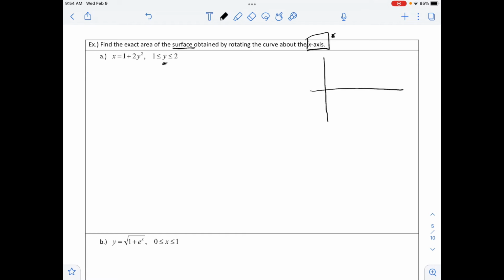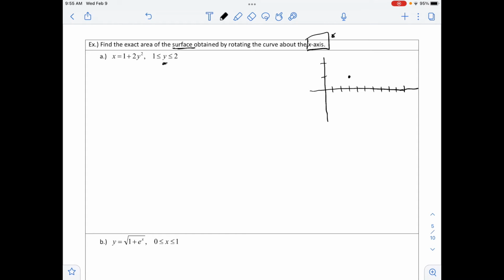But for this, the y values that we have are between 1 and 2. And I'm going to go ahead and go out, we'll say 10 spaces on our x. So first of all, when our y value is 1, if you plug that in, you get an x value of 3.